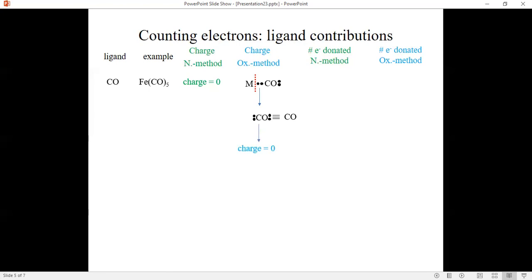So now let's look at the number of electrons donated in the neutral atom method. How many electrons are being donated? No. So how do you have to cleave the bond so that you produce a neutral molecule?